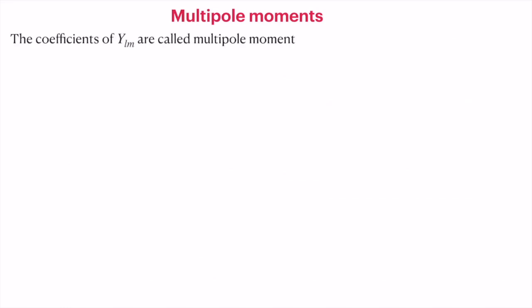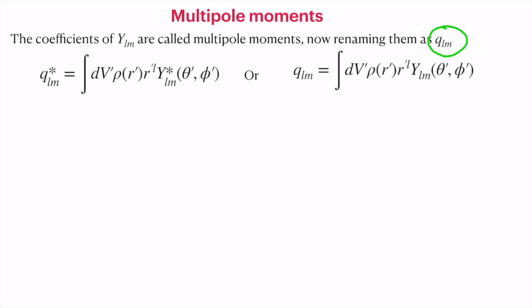So in the multipole expansion, the coefficients of the Y_LMs essentially are called the multipole moments, and conventionally they are denoted by Q_LM. L and M have a conventional meaning, and they can be computed with the density distribution given in the basis of the Y_LMs.